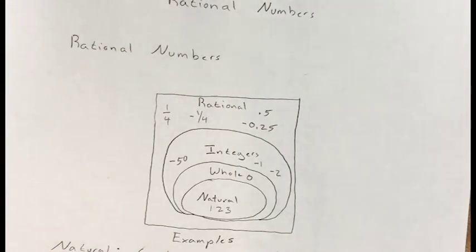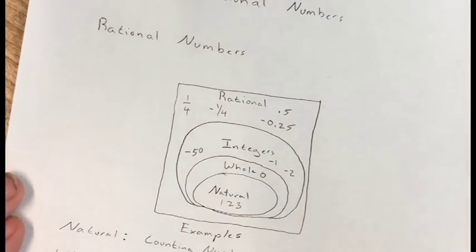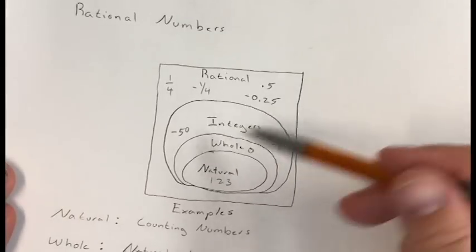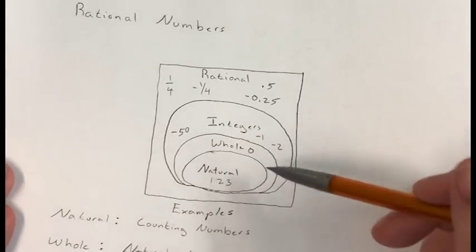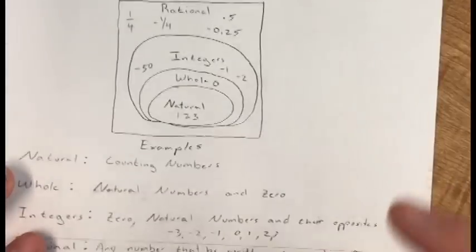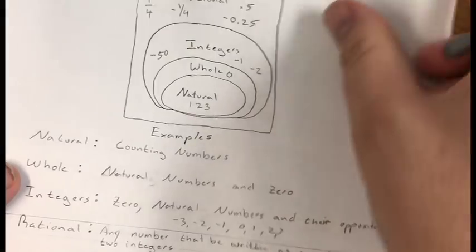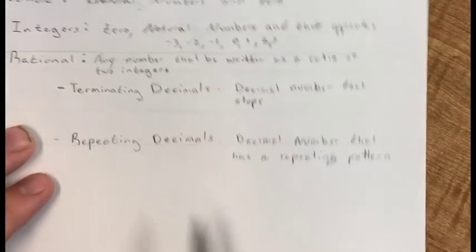That's really all rational numbers are. It's just numbers that you know already, and then there's fractions and decimals. All of those are what we call rational numbers, okay? And they all fall within this box. Now, there's different types of rational numbers, which we already know: natural, whole, integers, basic fractions. But then we go into something new here. We have something called terminating decimals, all right?